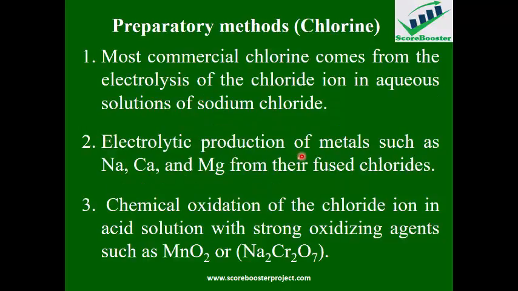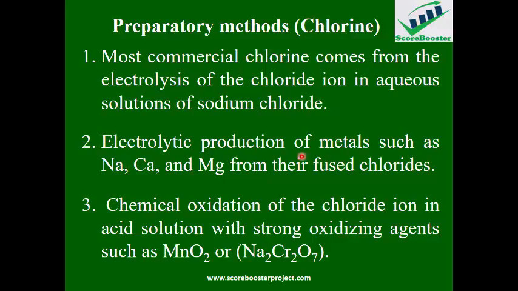For chlorine, commercial chlorine comes from the electrolysis of sodium chloride. We discussed that during the discussion under sodium. We can use electrolytic methods for some metals like potassium, calcium, and magnesium, using fused chlorides.